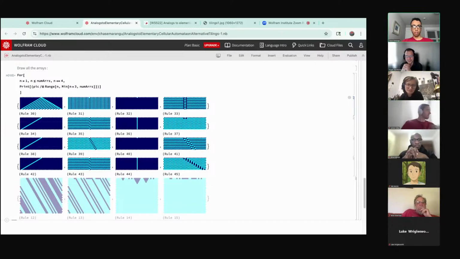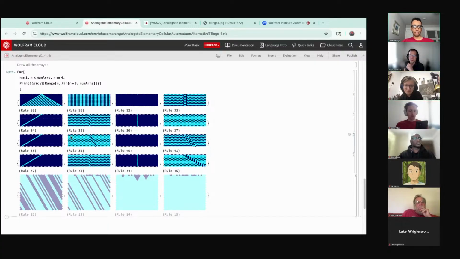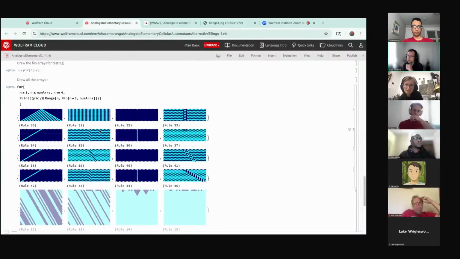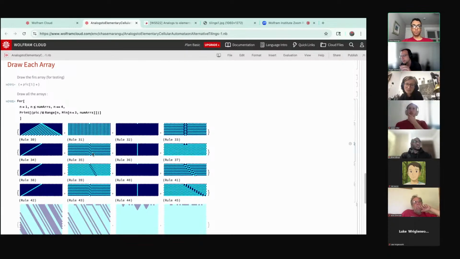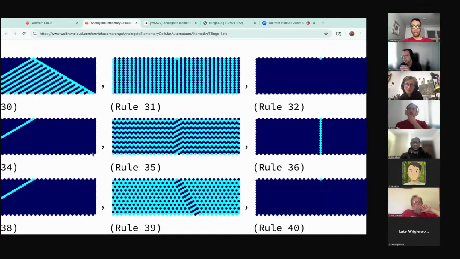Interesting. Rule 90 also does, oh yeah, you're right. It's sort of just like a Sierpinski triangle. So that's a few of the rule sets. The topology of how the hexagons are connected is different from how the square grid is connected.